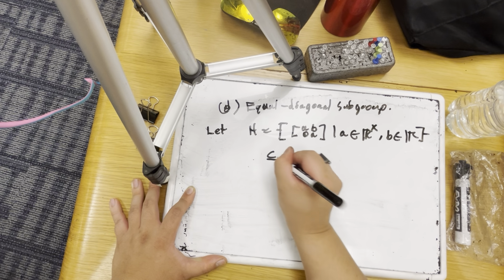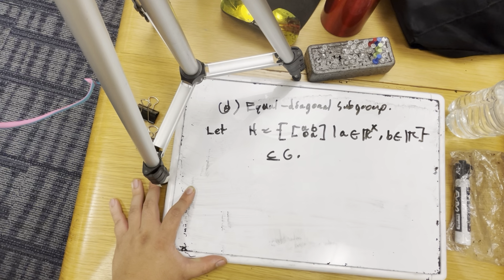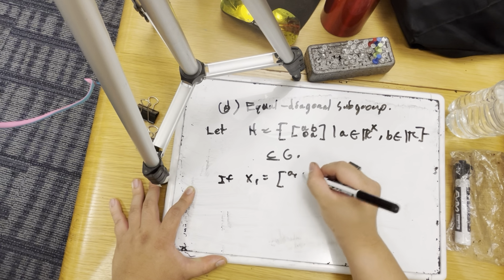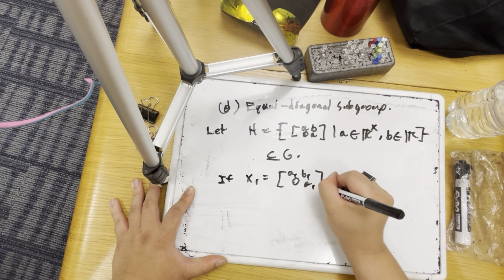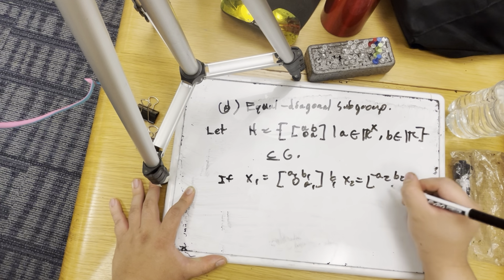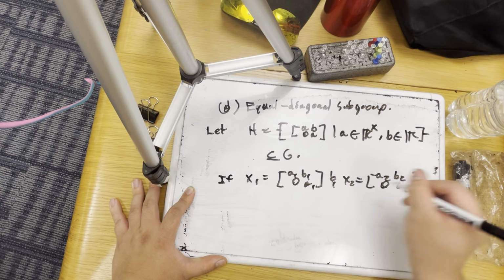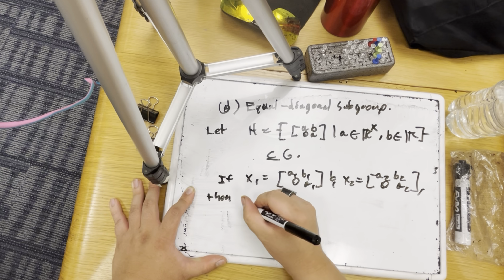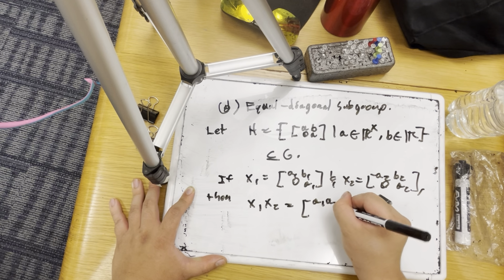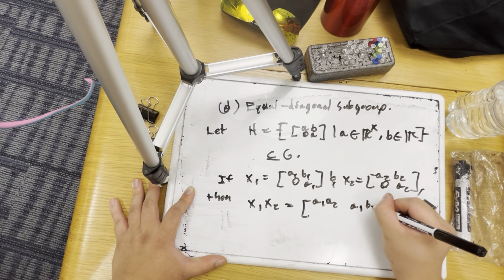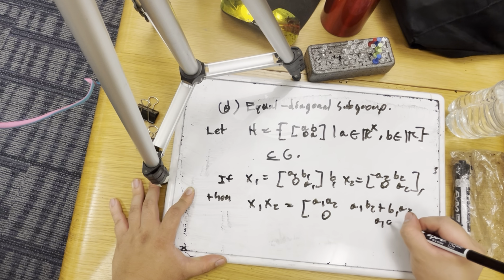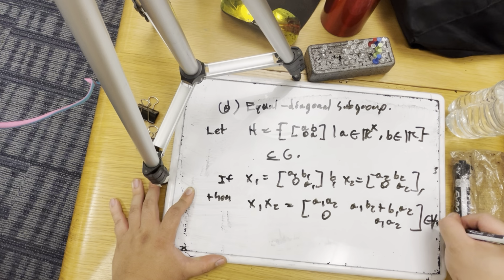Let this be a subset of G. Okay, so if x sub 1 is equal to the matrix A sub 1, B sub 1, 0, A sub 1, and x sub 2 is equal to A sub 2, B sub 2, 0, A sub 2, then x sub 1 times x sub 2 is equal to A sub 1 A sub 2, then A sub 1 times B sub 2 plus B sub 1 A sub 2, then 0, then A sub 1 A sub 2, which is contained within H.